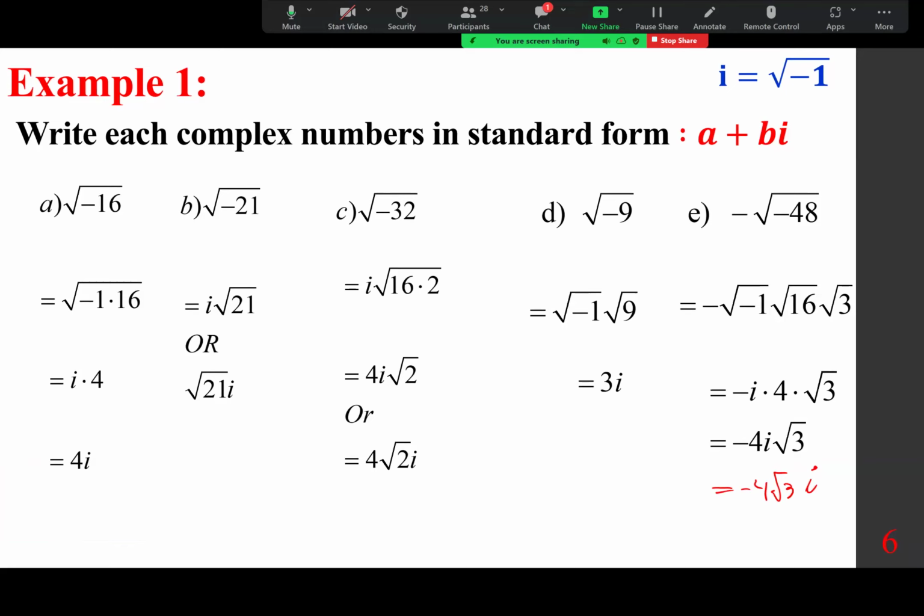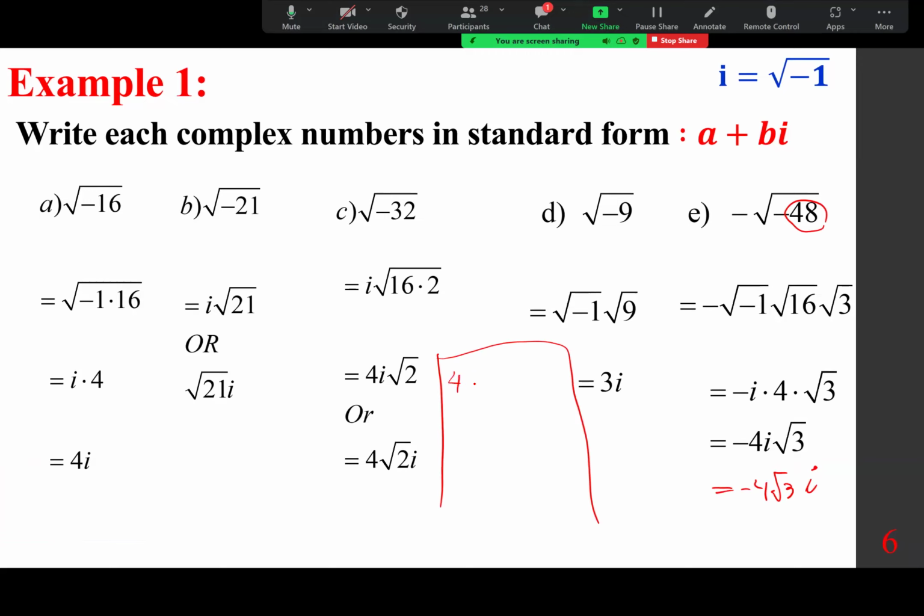Either way is fine. Now, one thing I want to tell you about 48. You want to take the big chunk that is a complete square out, and you can recognize it, 16 times 3. But if you don't, if the number is larger, you can always do prime factoring.